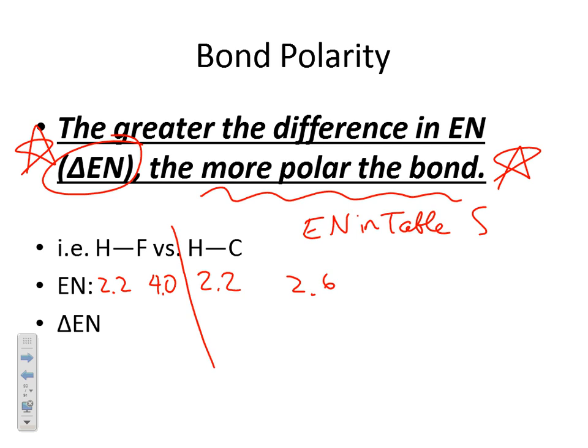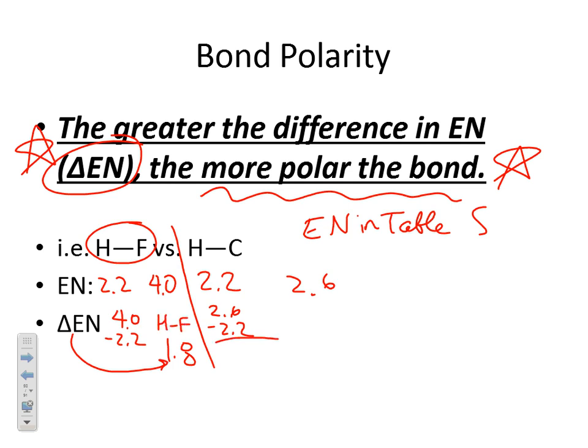Difference in electronegativity is literally, you subtract the two numbers: 4.0 minus 2.2, 2.6 minus 2.2. So the difference in electronegativity in HF is 1.8. That's the delta EN for HF. Versus the HC bond, that's only 0.4.